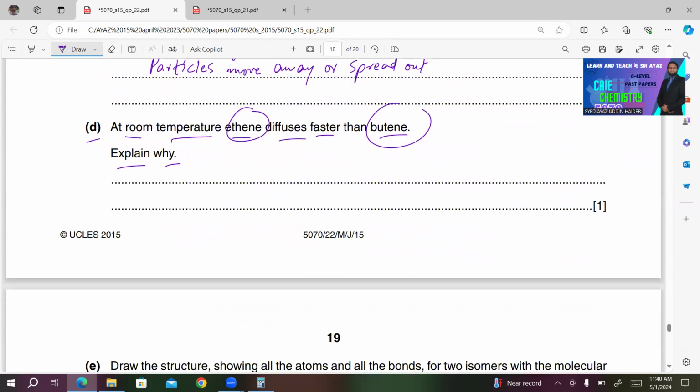So you can easily compare their Mr. So you can write ethene has a lower relative molecular mass than butene.